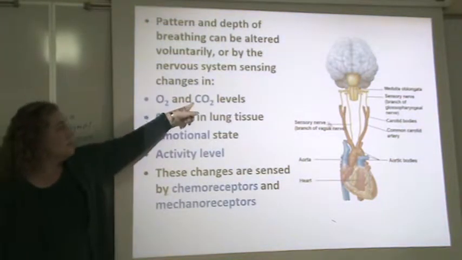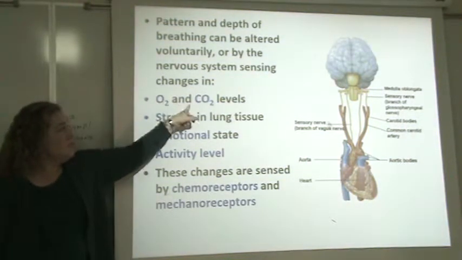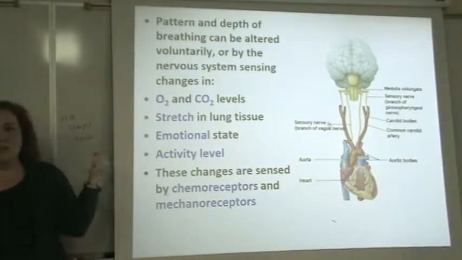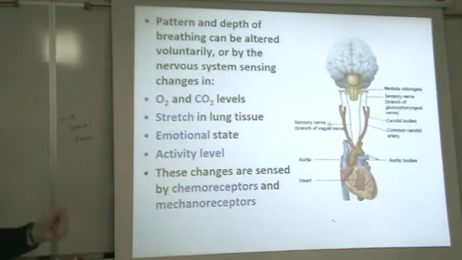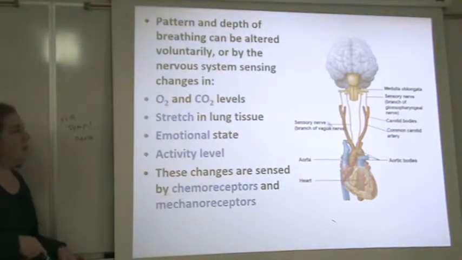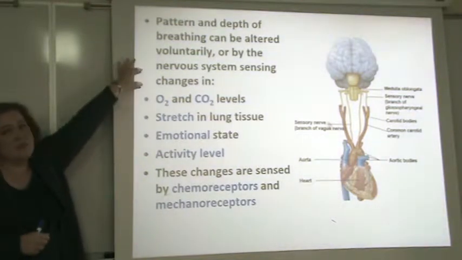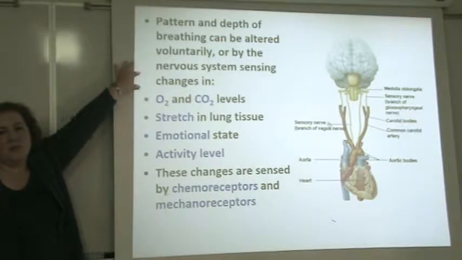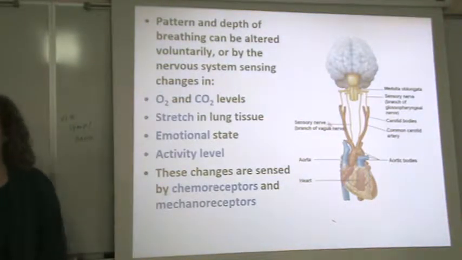And then the chemical ones, you have chemical receptors that detect how much oxygen, how much CO2 do I have right now. All of these things play into your involuntary branch of your nervous system controlling your breathing. But you can voluntarily, consciously override it for the most part.